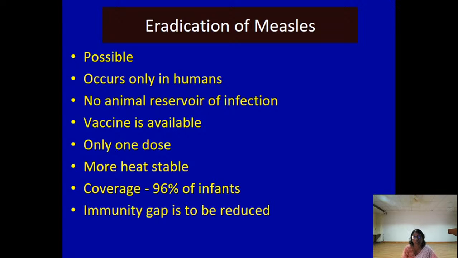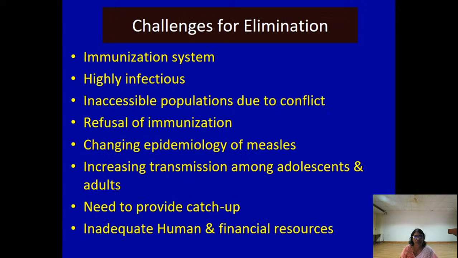It is a heat stable vaccine, and if we cover all the infants at the right age, we can protect the community or the children up to 96%, and the immunization gap is to be reduced if we want to eradicate measles.